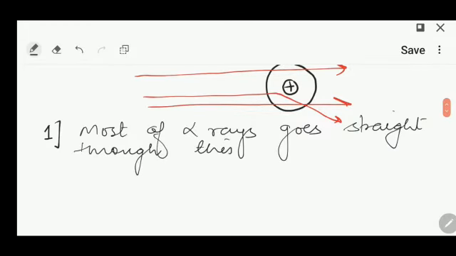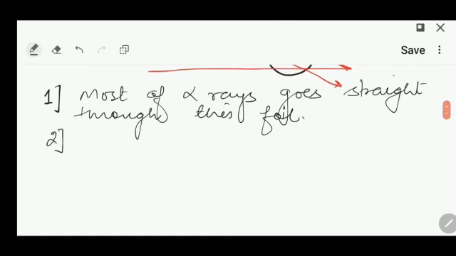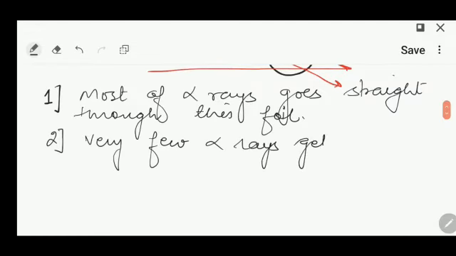The second observation is that very few alpha rays get deflected at some angle.